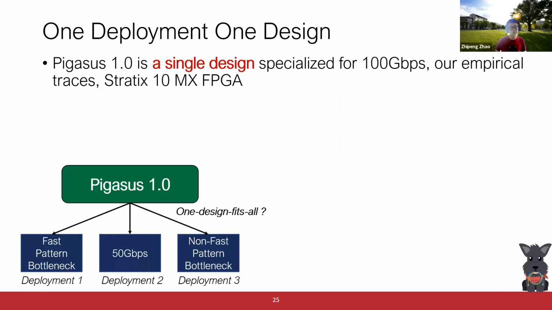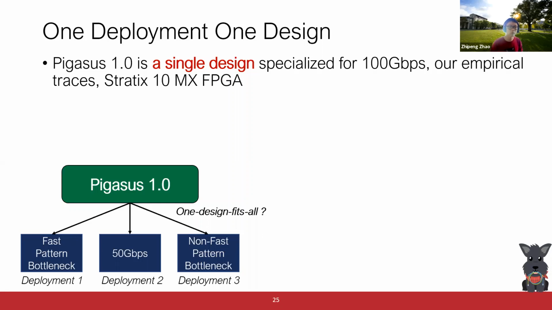And the hope is that this single design can fit different scenarios, which is obviously not the case. For instance, for one deployment, the fast pattern matching could be the bottleneck. For another deployment, the non-fast pattern matching module could be the bottleneck, right? Sometimes users may even have different performance targets, let's say like 50 gigabit per second. So the same device may not be efficient for all of the deployment environments.